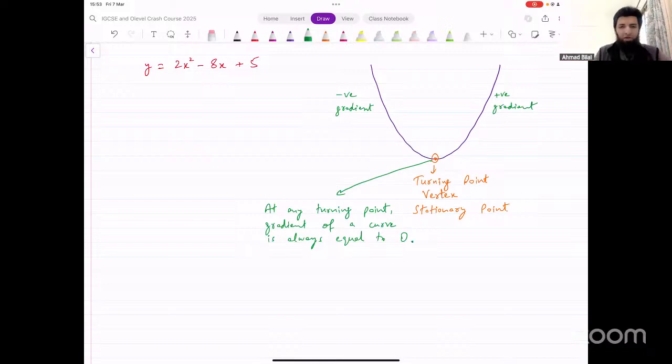You can think of drawing a tangent at this point as well. It would be a horizontal line like this, and that has a gradient of 0.